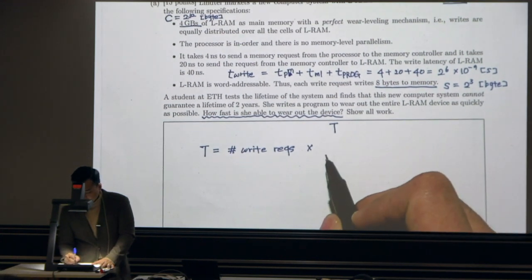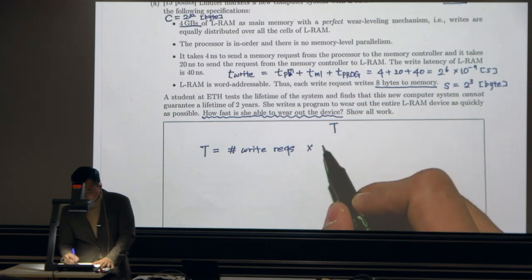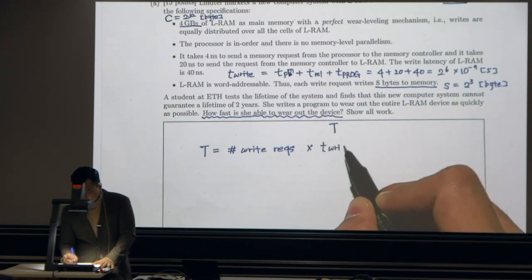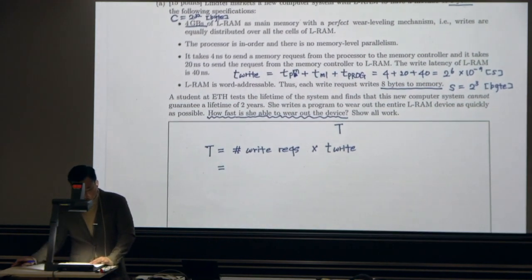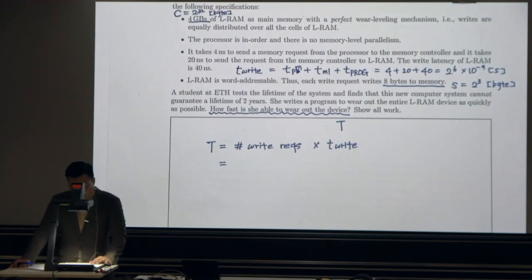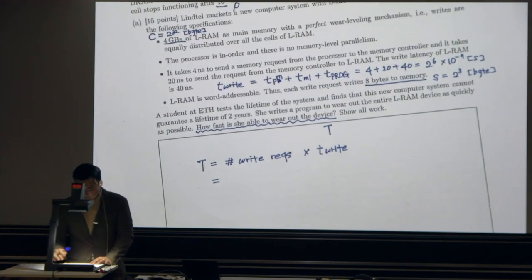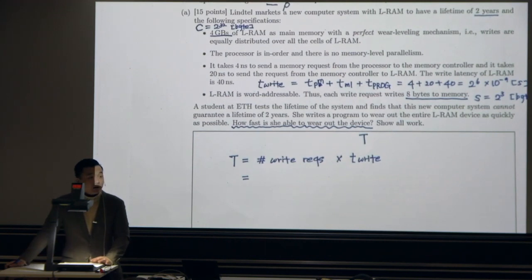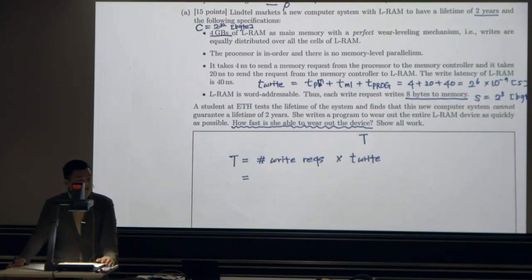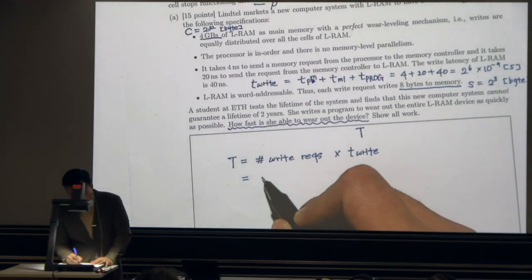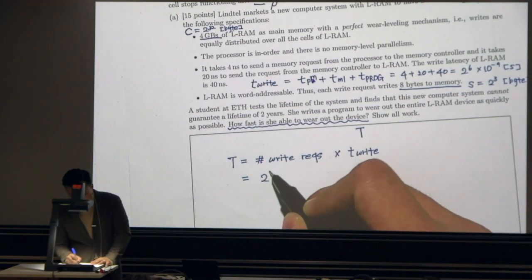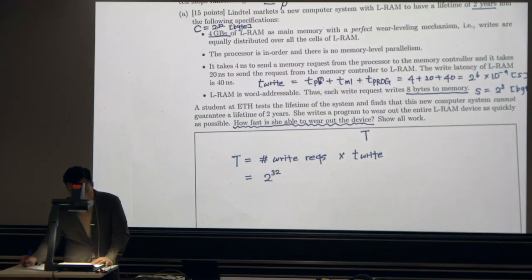And the number of write requests required to wear out the entire LM, let's first think about how many write requests are necessary to write the whole device just one time. Then, we need to fill the data for the entire capacity.